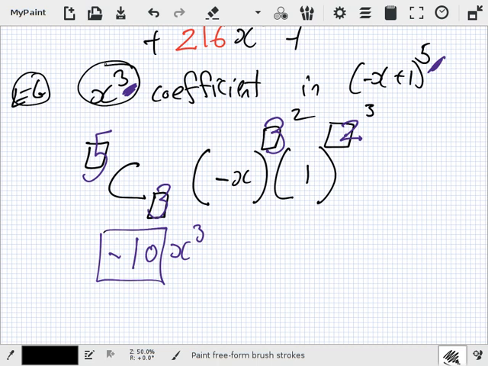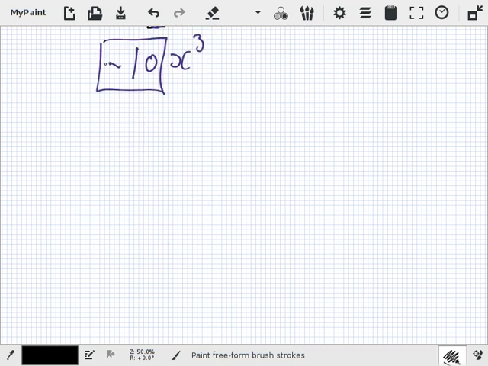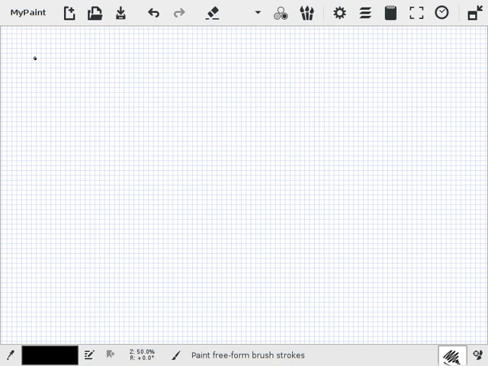Expand (1 plus x) to the power 10. But I don't want you to do all the way up to 10.